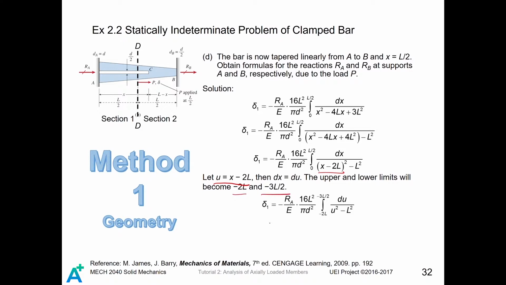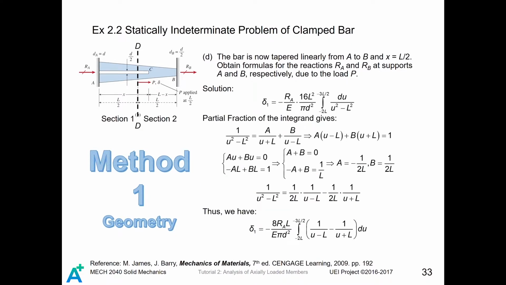Then the change of length of segment 1 will become this integral. Then we do the partial fraction for this integral. Since it is the difference of squares, we can write it in this way. That is, we factorize the denominator, then write them into the partial fraction form. Eventually, by this form, we can write a times (u minus L) plus b times (u plus L) equals 1.